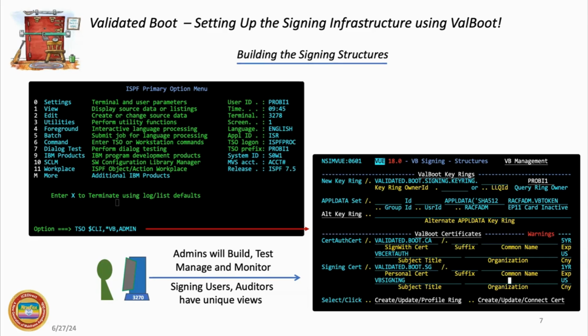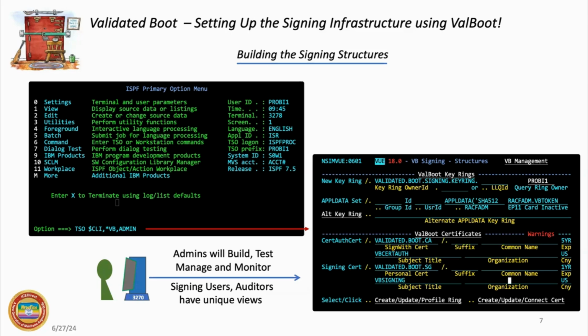From this panel, through a few entries, ValBoot will create for you not only the key rings, but the profiles associated with them, permit users to them, and then create the certificates that are to be associated with them.